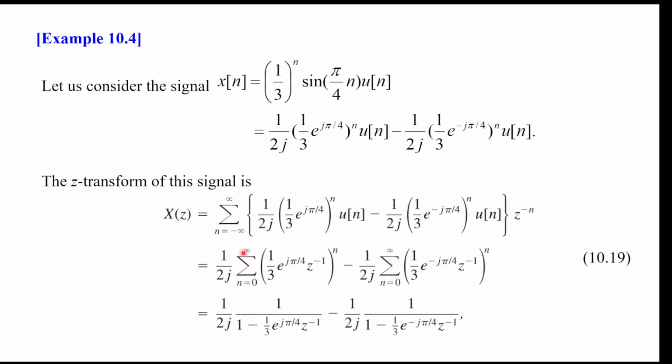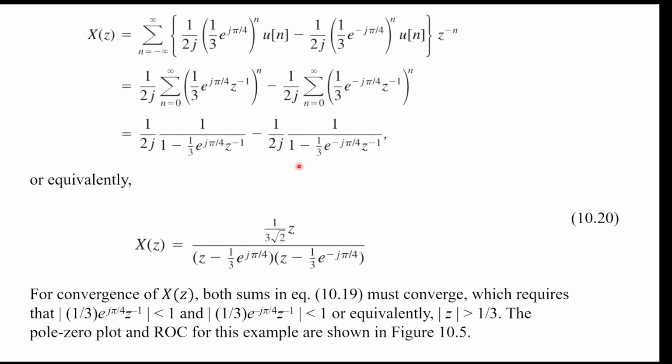And the bit more complicated part is the ROC of this thing. So for the ROC, we want basically the intersection of the ROC of this part and this part. And the ROC of this part will be absolute value of z greater or equal to the absolute value of this a here, and the same for this a here. But the absolute value of those two things are both 1 over 3.